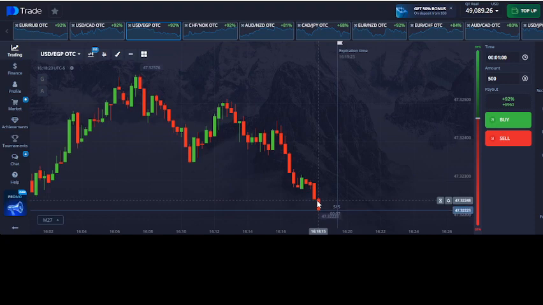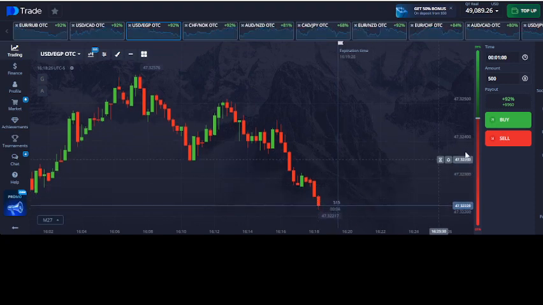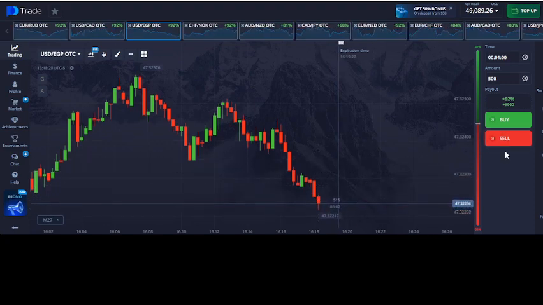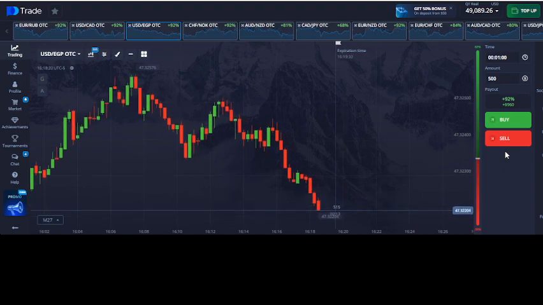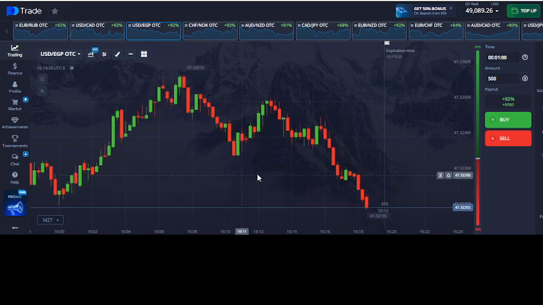I didn't see a gap here. Let's see if a gap develops. No. Okay, still pushing downward here.